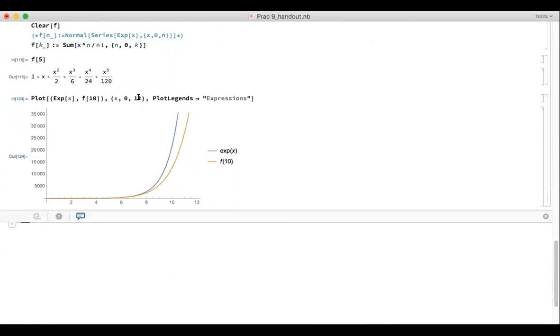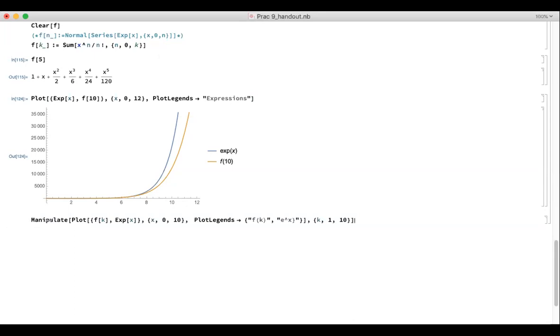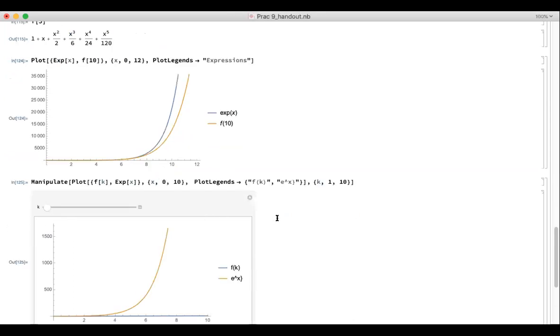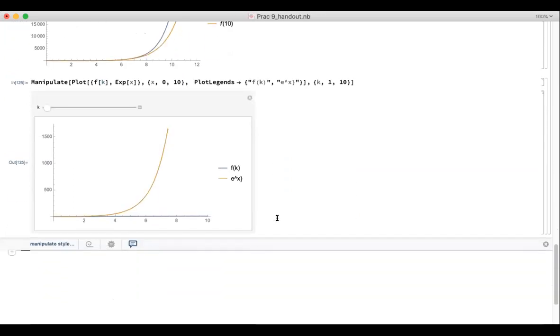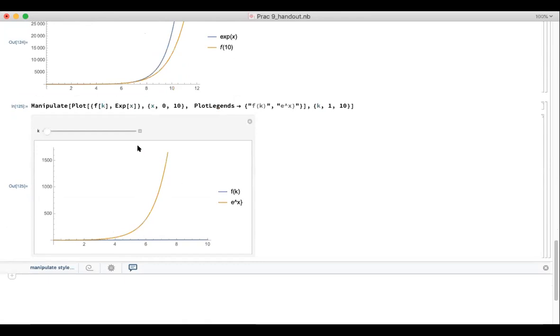Instead of changing this number every time, let's use the manipulate function. So the manipulate function is like the video.